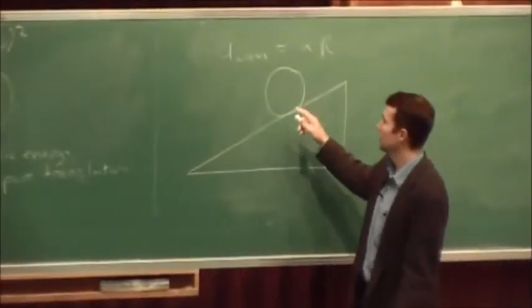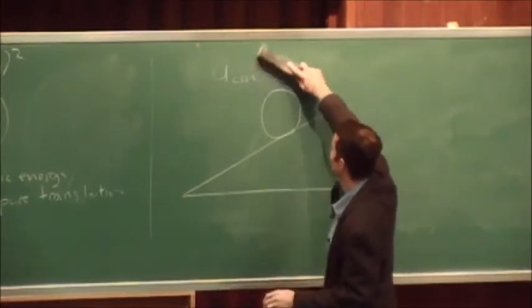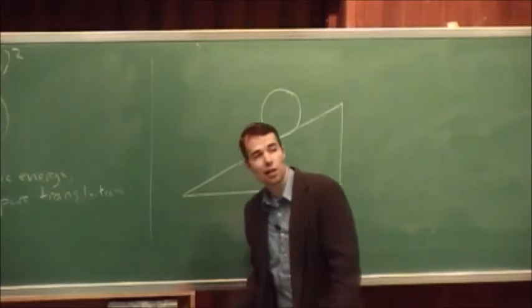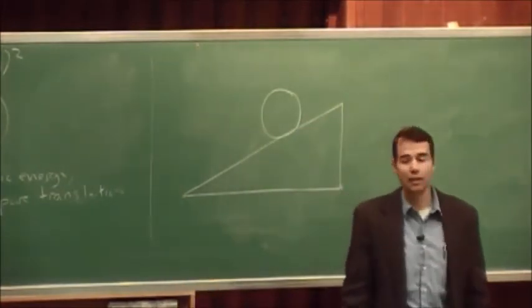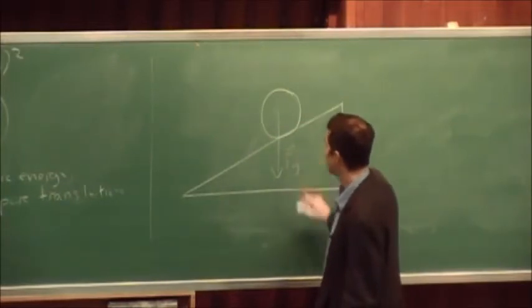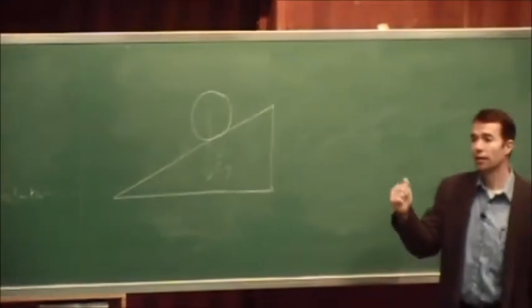Let's analyze the forces on this object. I'm just going to erase this up here so it doesn't interact with our forces here. So what forces are going to be acting on this object? Gravity. And the normal force.